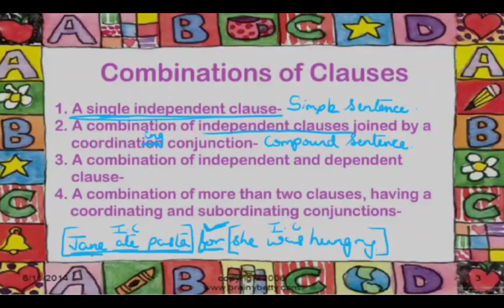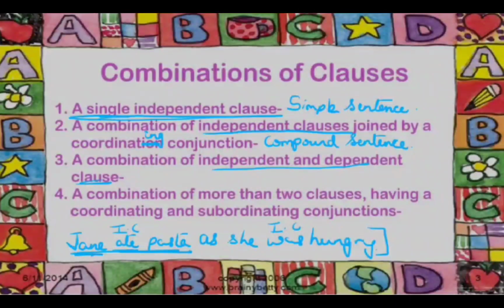A combination of independent and dependent clause. Now, I will just change one word out here: instead of for, I will write the word as. Because as is giving some additional information, and this is linking the latter sentence with the previous one.